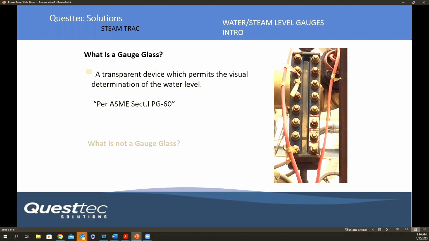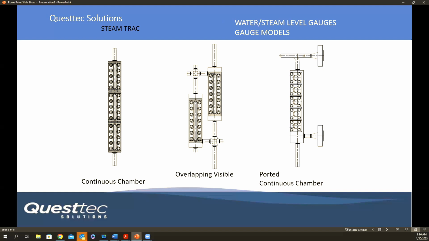What is not a gauge glass? Well, we're about to cover that. But before we do, I'd like to show you the various types of direct reading sight glasses that exist. You have the continuous chamber variety, which would be done utilizing a reflex sight glass. Just remember that this is typically only at 350 pounds working steam pressure and below.